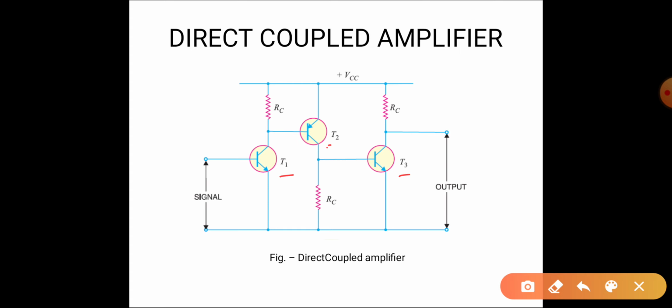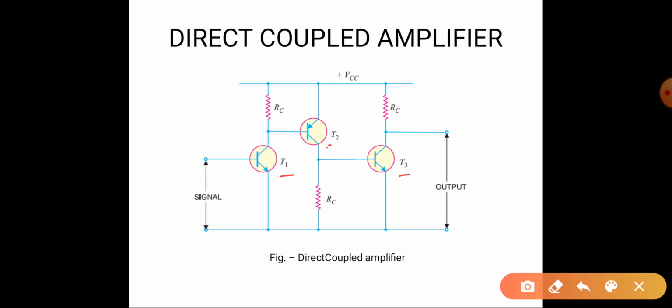So to amplify the signals which are very low in frequency, that is less than 10 hertz or 20 hertz, you will require an amplifier which will be amplifying the low frequency signals. Here the direct coupled amplifier does the job for you to amplify the low frequency signal less than 10 hertz. Why?